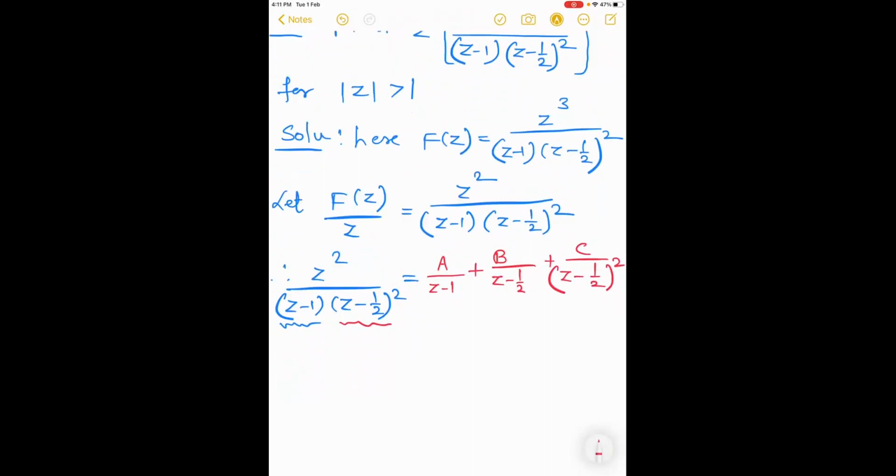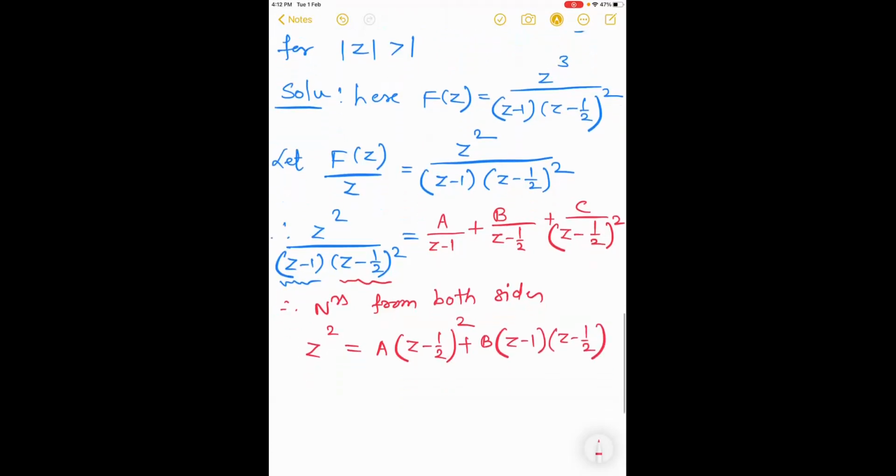Now equate the numerators of both sides. The left-hand side numerator is z square, equal to the right-hand side: A will have the coefficient (z minus half) square, plus B will have the coefficient (z minus 1) into (z minus half), and C will have the coefficient (z minus 1).